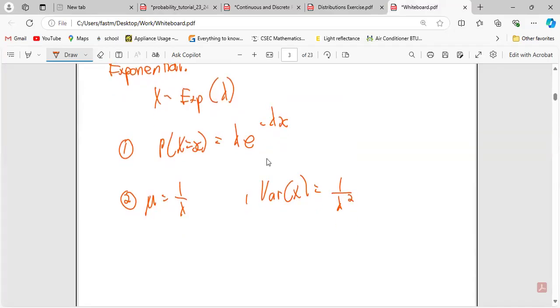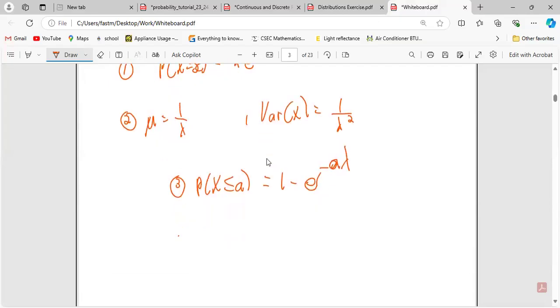Right, and the last two things in terms of getting the probabilities, which is your CDF: the probability that x is less than or equal to a is 1 minus e to the minus lambda a, and the other one is the probability that x is more than a is just e to the minus lambda a.